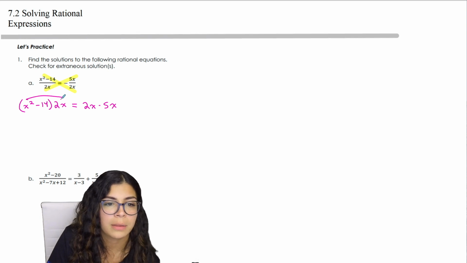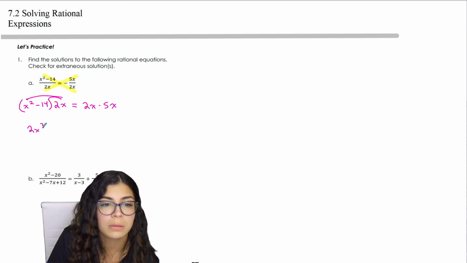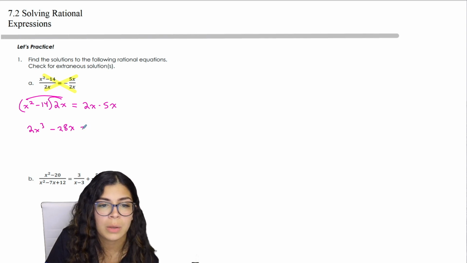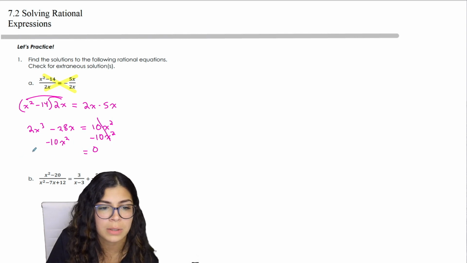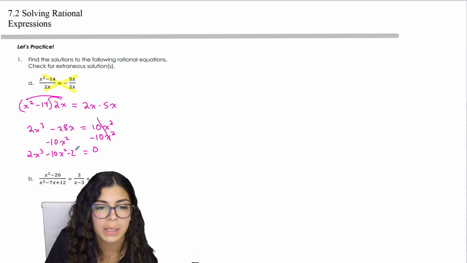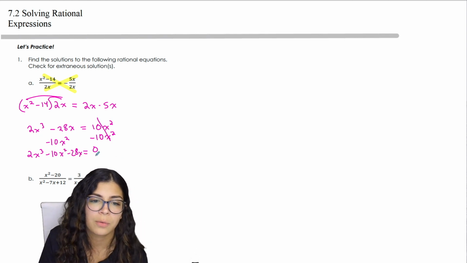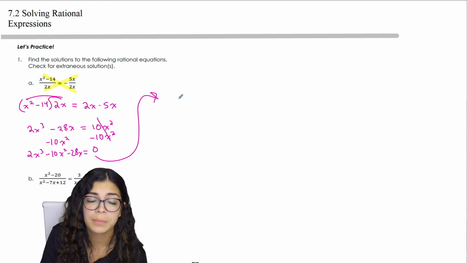So we end up with 2x cubed minus 28x equal to 10x squared. Let's bring over the 10x squared to the left-hand side to get this to equal 0. So we have 2x cubed minus 10x squared minus 28x.